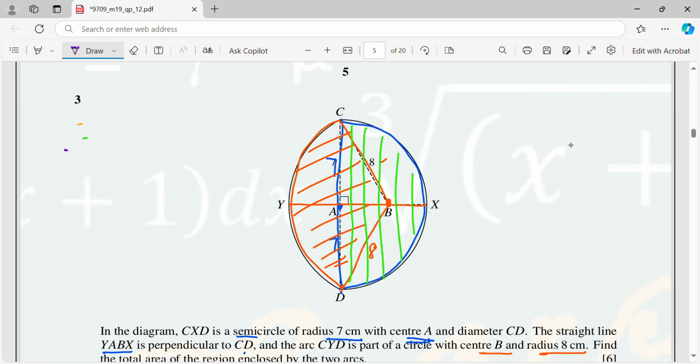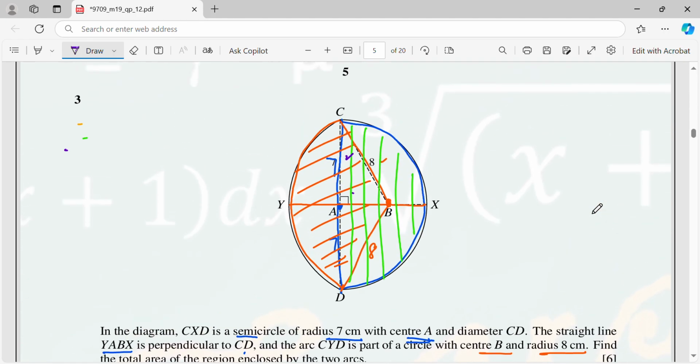This part is added twice because you have two colors. So the idea is you find the sector area of CBDY, which is orange color. You add the area of the semicircle, which is green color. Then you minus the area of the triangle, because the triangle is counted twice. We just need to count it once.